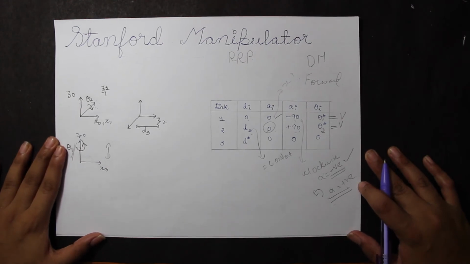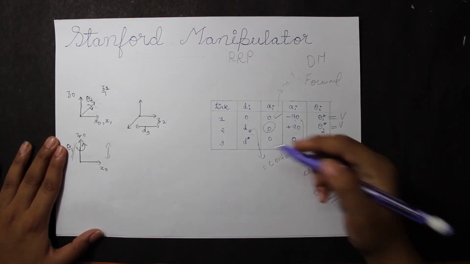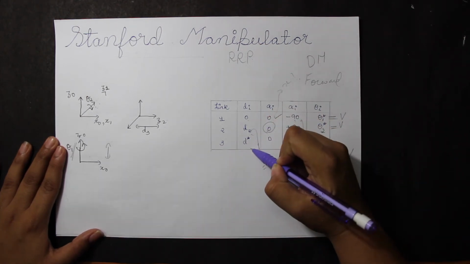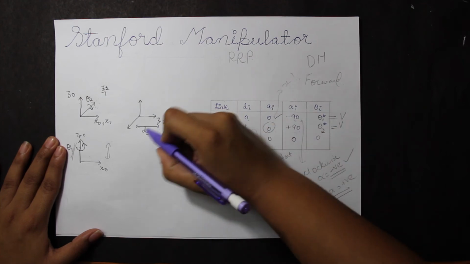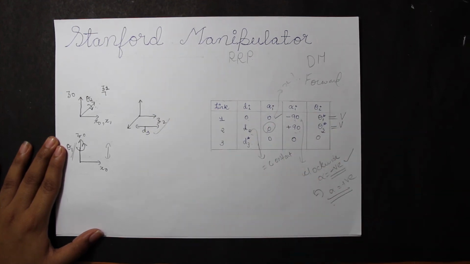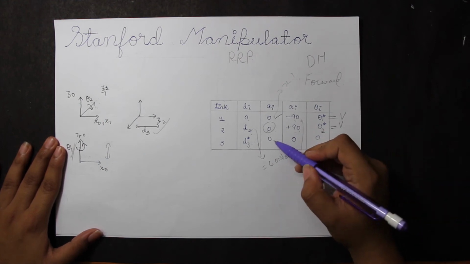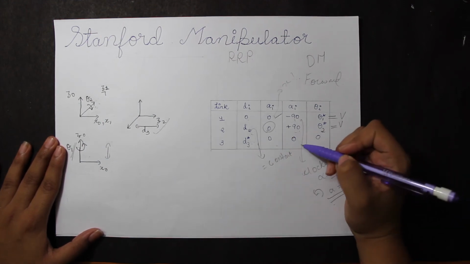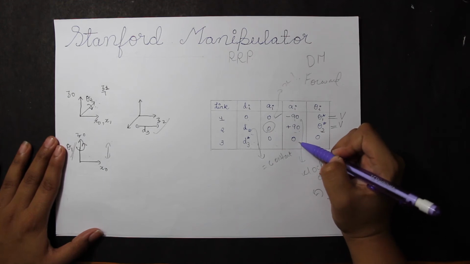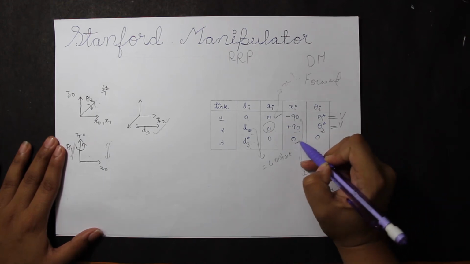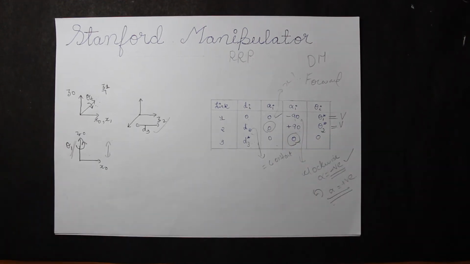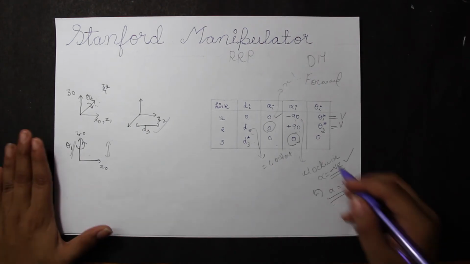So now let's look at link 3. In link 3, as I mentioned above, it's a prismatic joint and a variable, so we have it as D3 with a star mark. Again, our link length is 0. Our rotation hasn't taken place, so we say that it isn't rotated and it's not going to rotate, since it doesn't have a revolute joint.